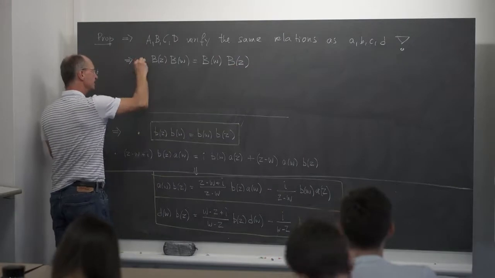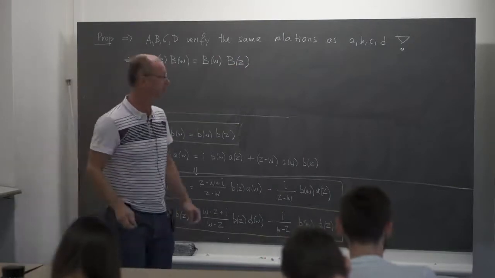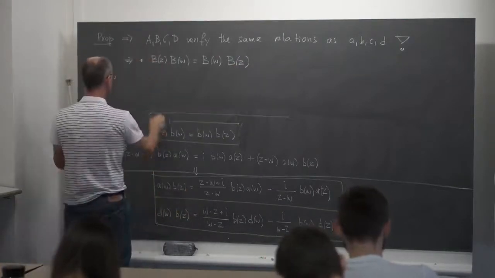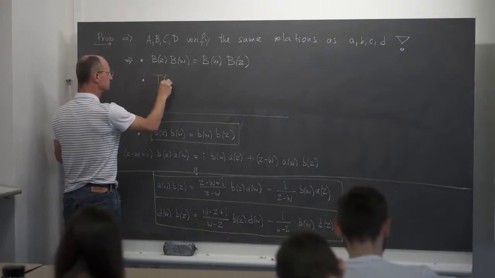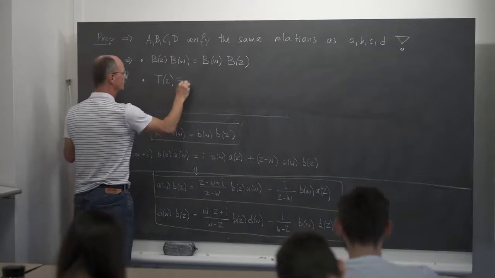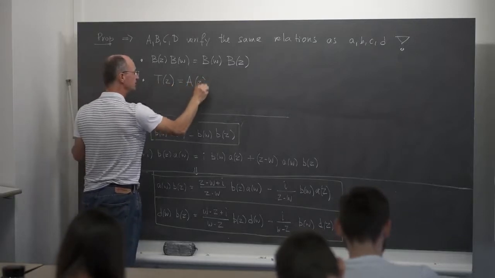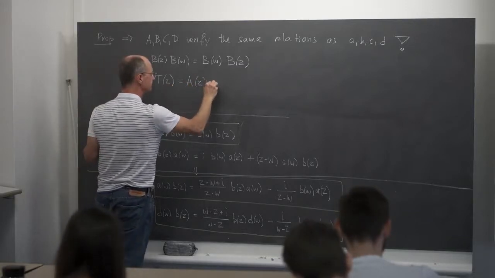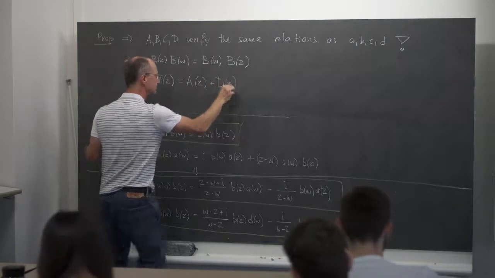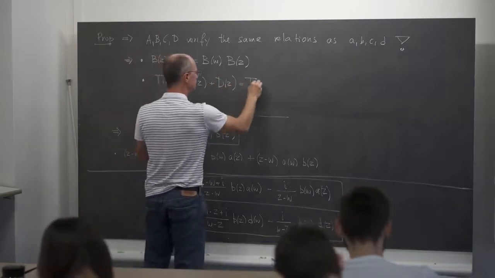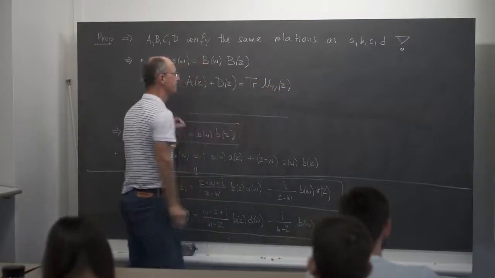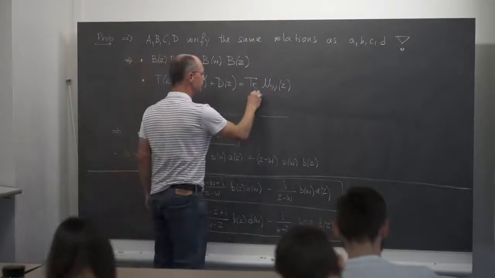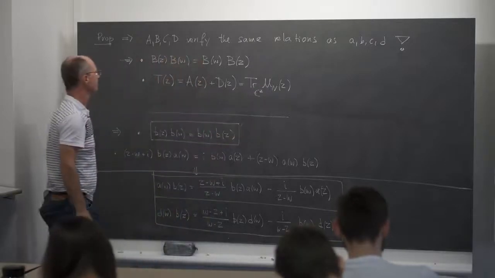So for instance, we get the commutativity of the capital B's. And we can again define capital T as the trace of M, the trace in C2 in the auxiliary space.